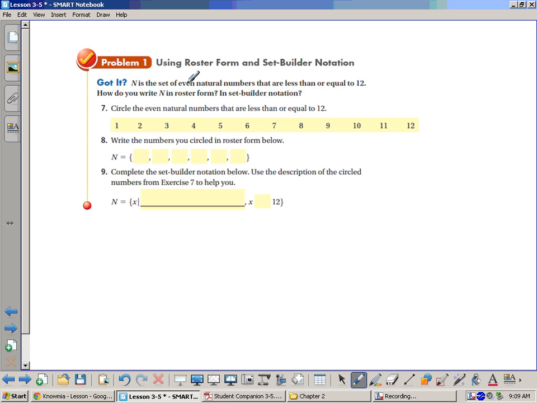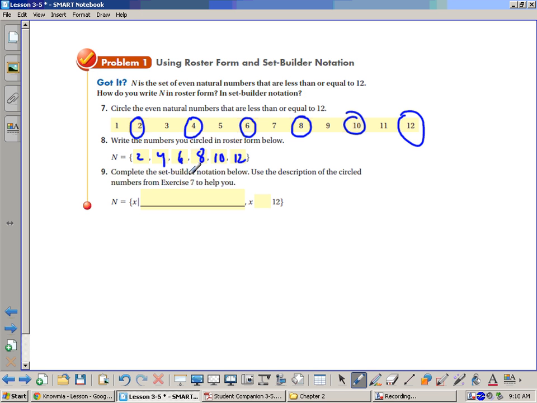We're talking about just the even natural numbers. So we're going to deal with 2, 4, 6, 8, 10, and 12. So we would list that in roster form here: 2, 4, 6, 8, 10, and 12.